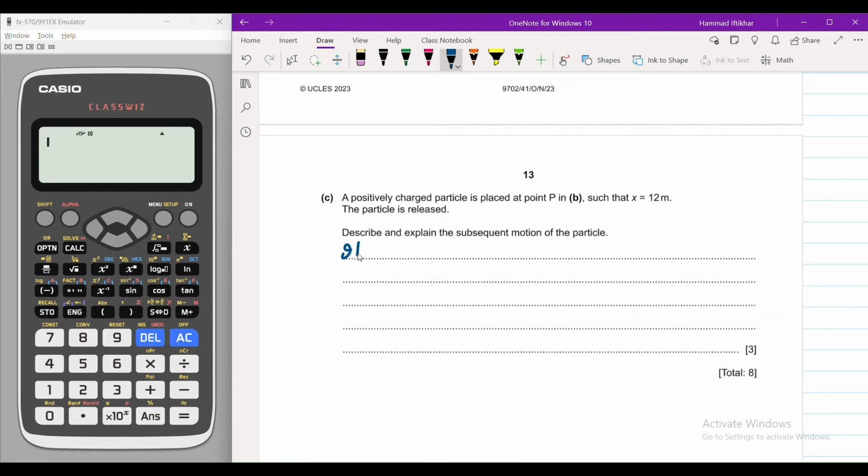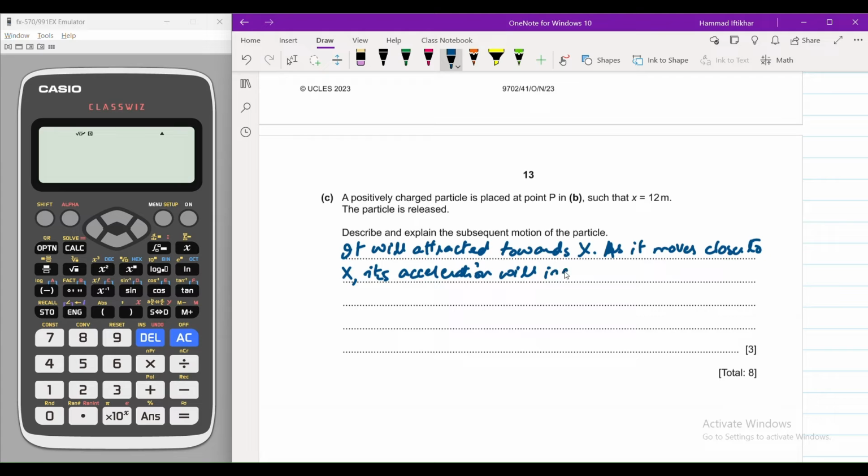It will be attracted towards x. As it moves closer to x, its acceleration will increase.